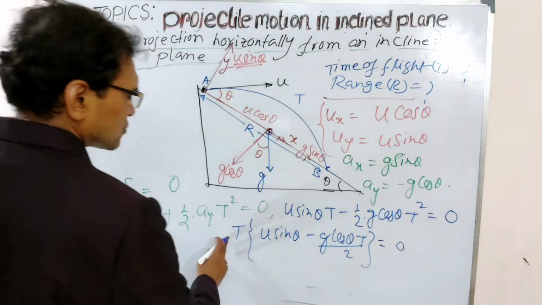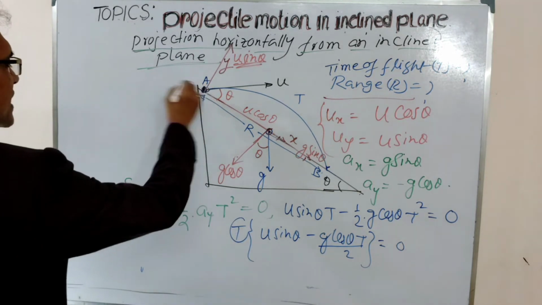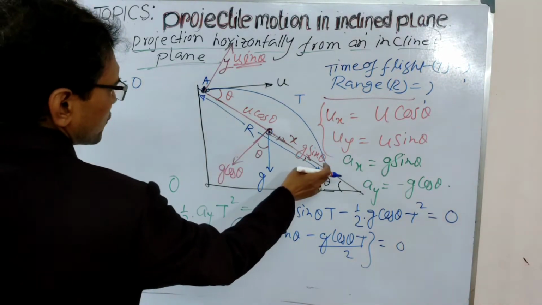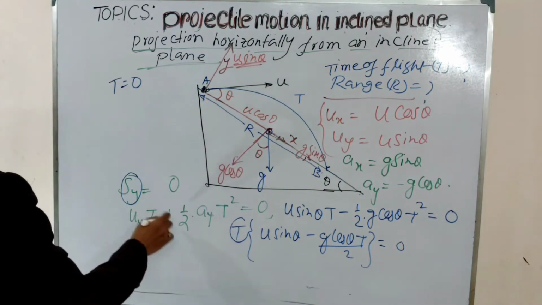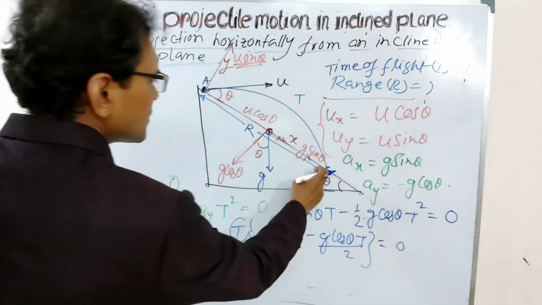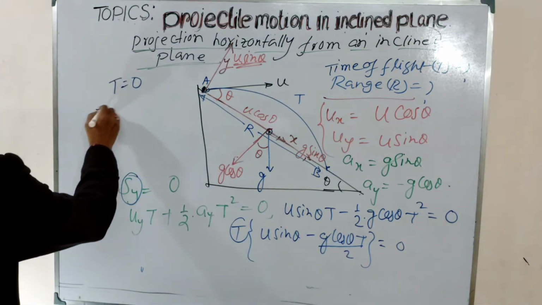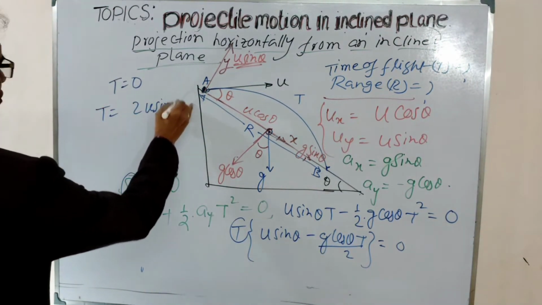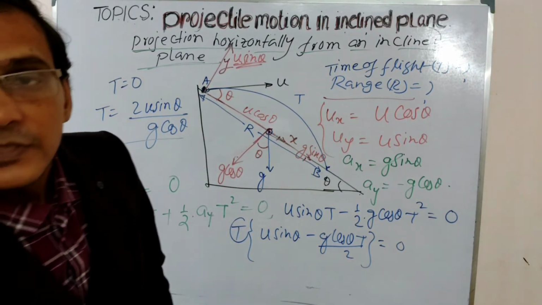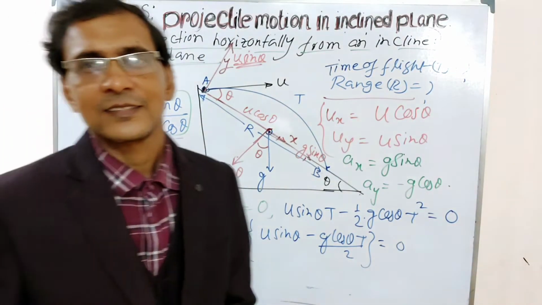Here there are two values of t. First t equal to 0, which is at this point. Actually sy equal to 0 at two positions: here corresponds to t equal to 0 and here corresponds to the time of flight. So from this we get t, and this is the time of flight.